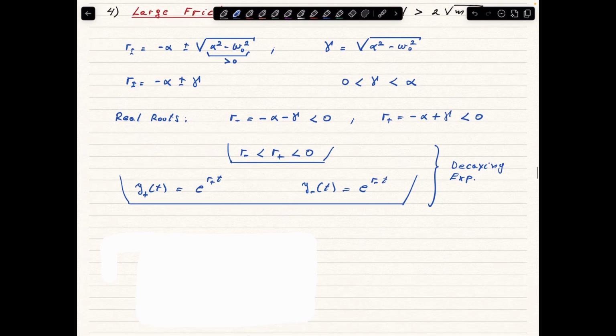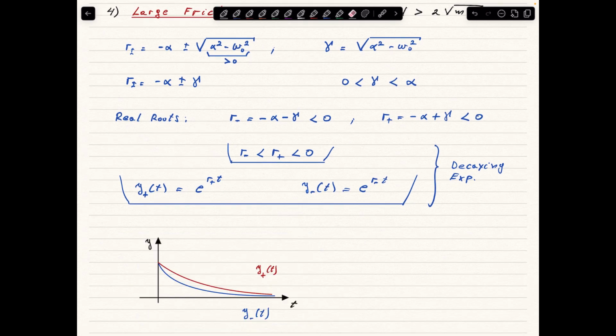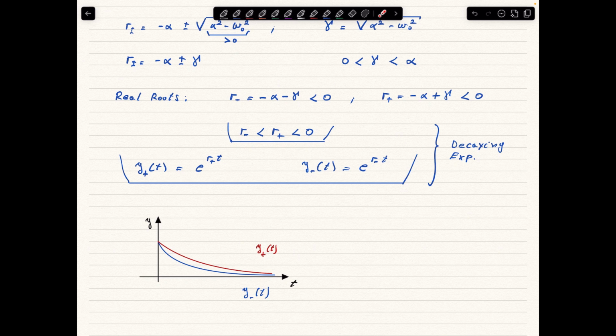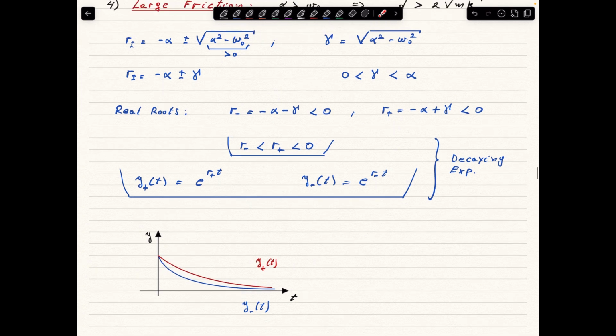So both decay. The exponential with the most negative root decays faster than the one with the less negative root, but the solutions decay.